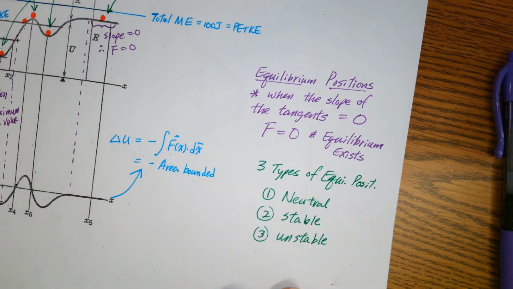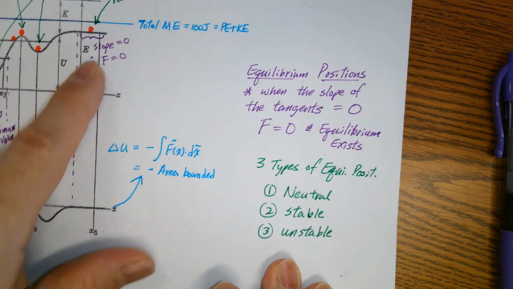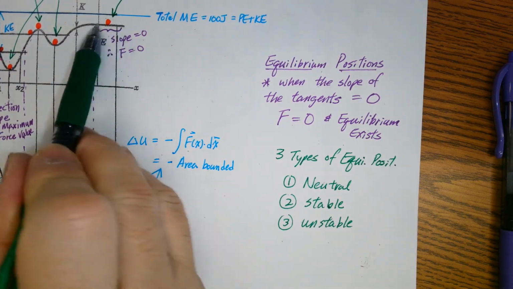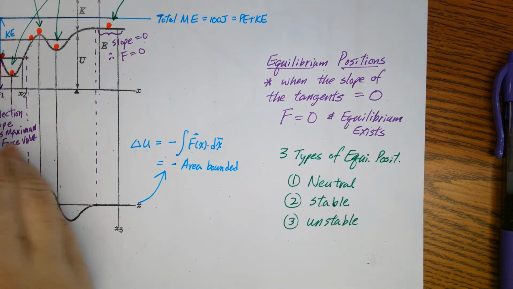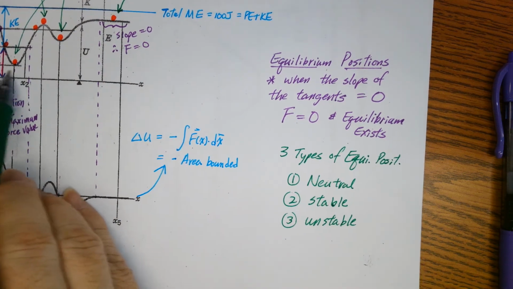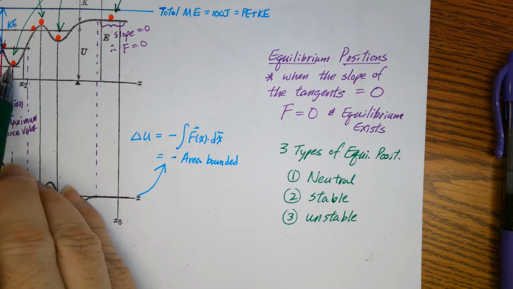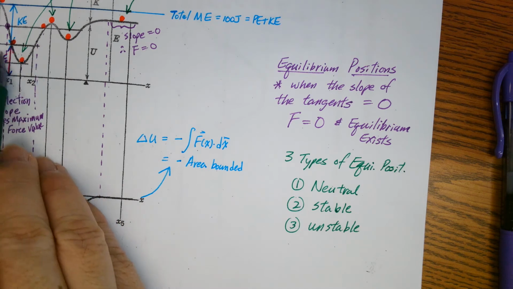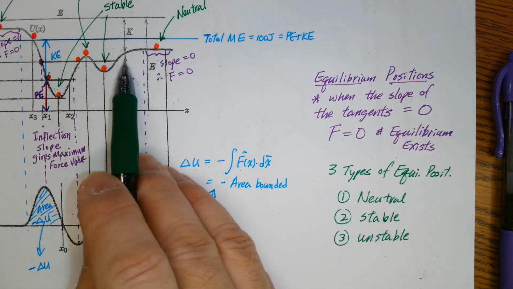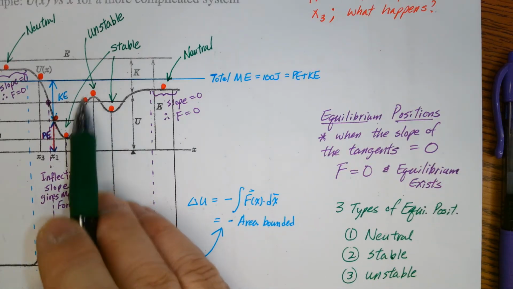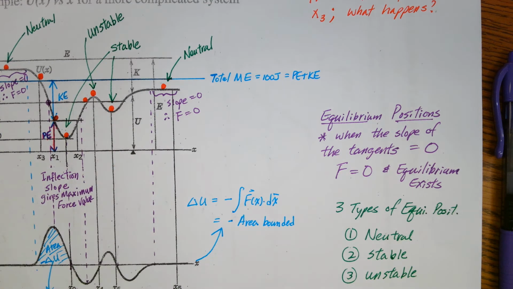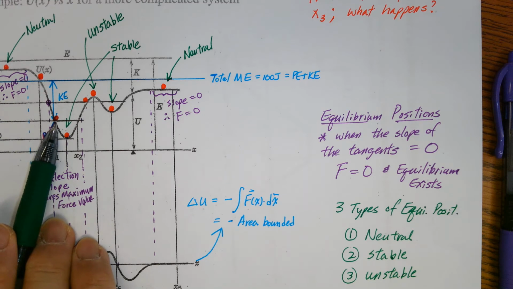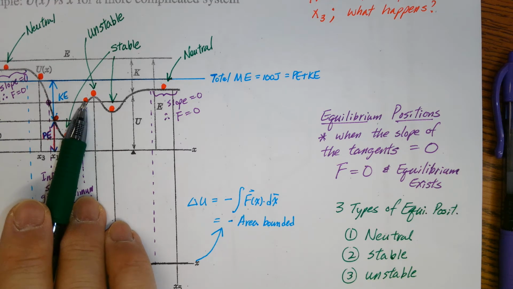We know what the neutrals are: when it's elongated, zero slope points are neutral. Instantaneous tangent would be either stable or unstable. Stable is when you have a valley like this. Unstable will be when you have a peak. This will not be an equilibrium, this is not an equilibrium, and this is also not an equilibrium.